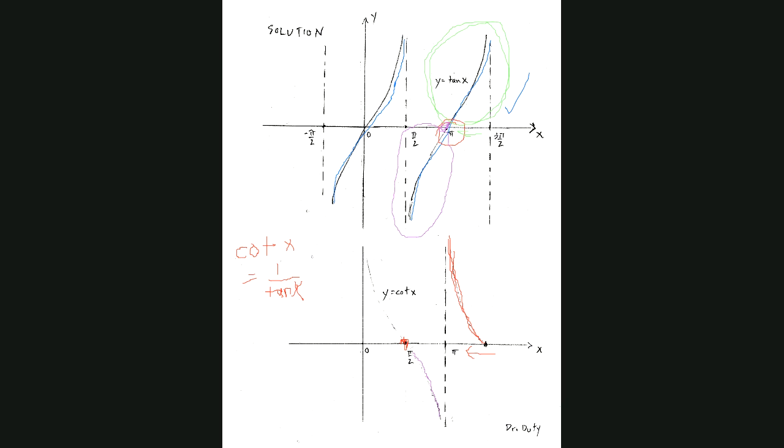And for this kind of problem, you would need a graph to justify it. I guess you could also use the table feature on your calculator and have values smaller than pi and greater than pi, and look from both sides at what the values approach. I guess you could do that too.